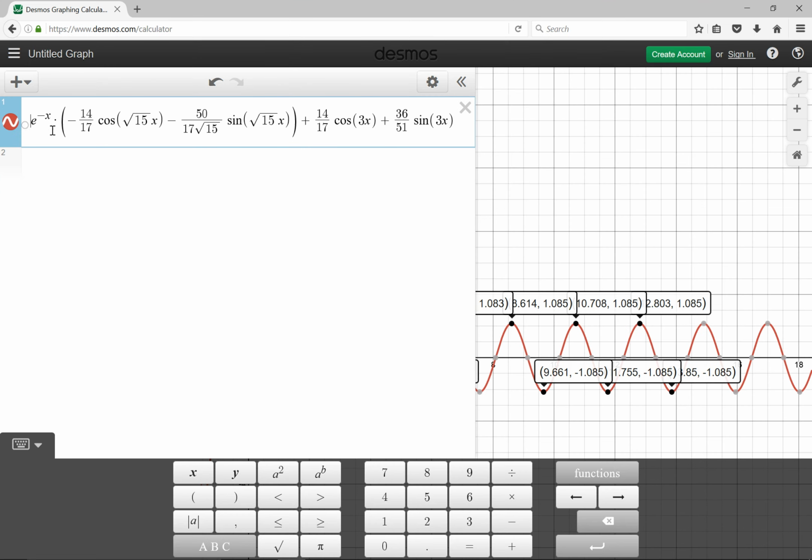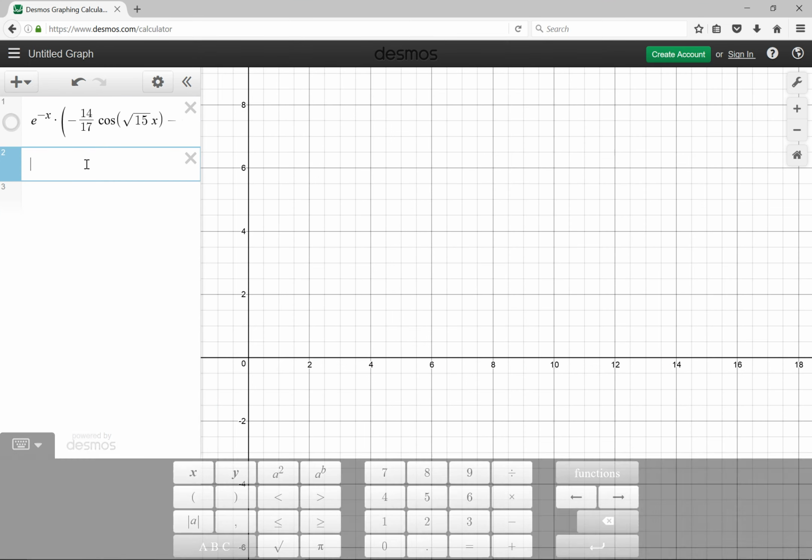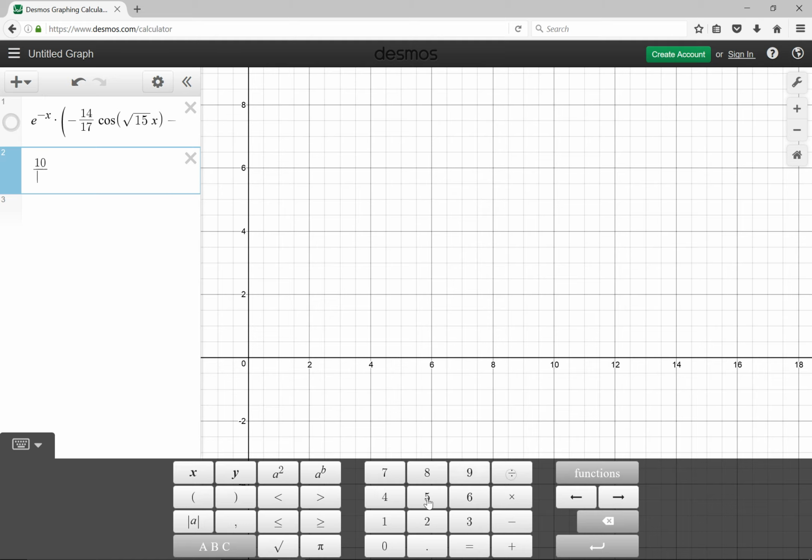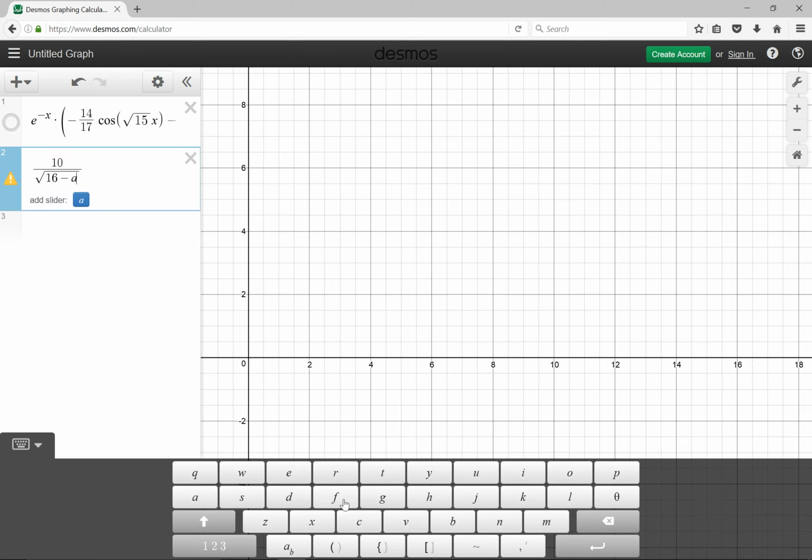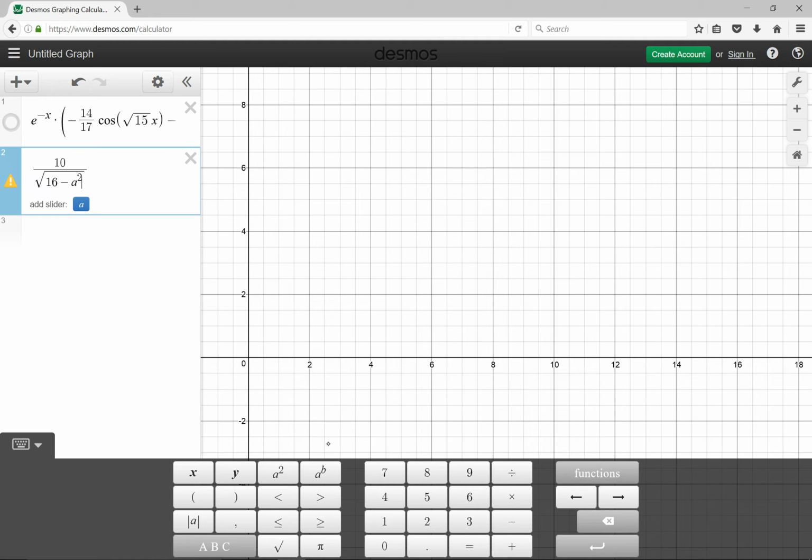Now, what I'm going to do, shut that off for a minute. I'm going to type in 10 divided by the square root of, and I'm going to do 16 minus, but check it out, dog, I'm going to put in an A squared.